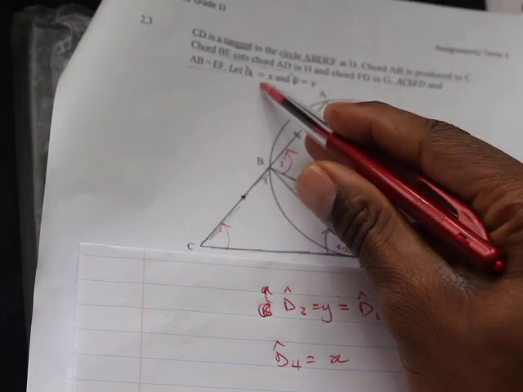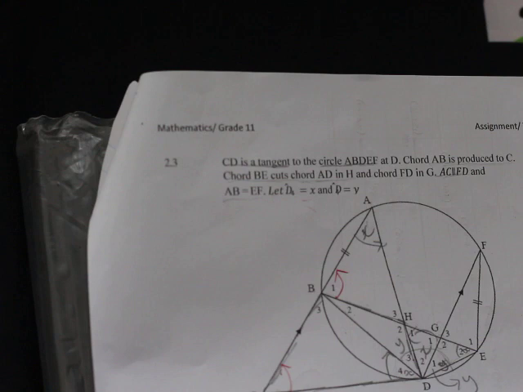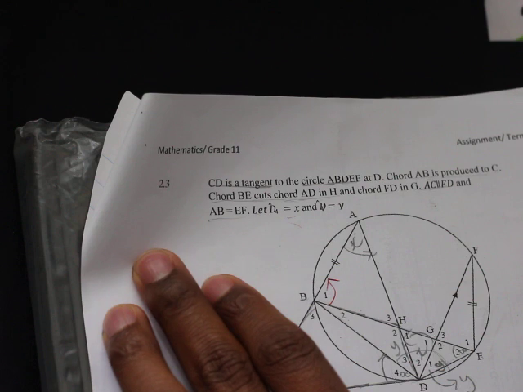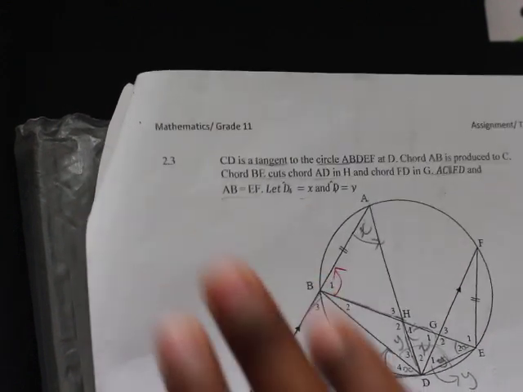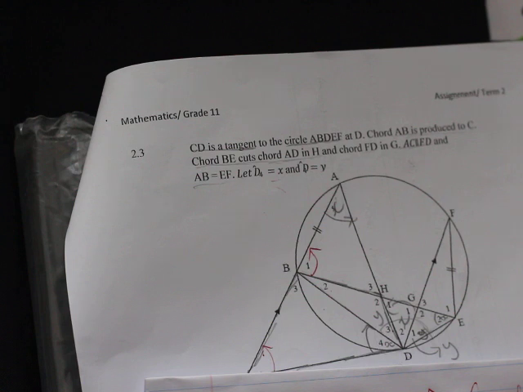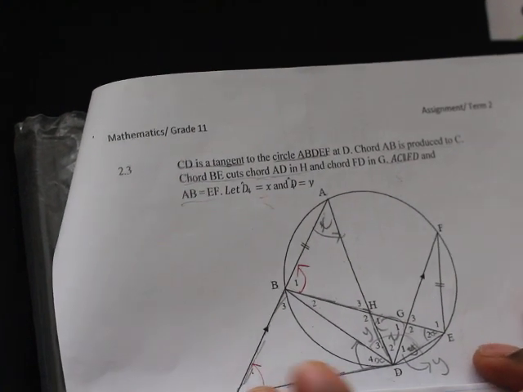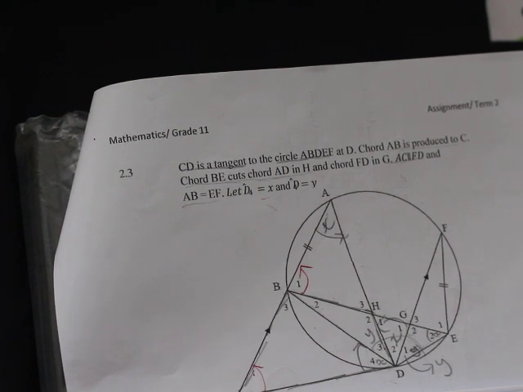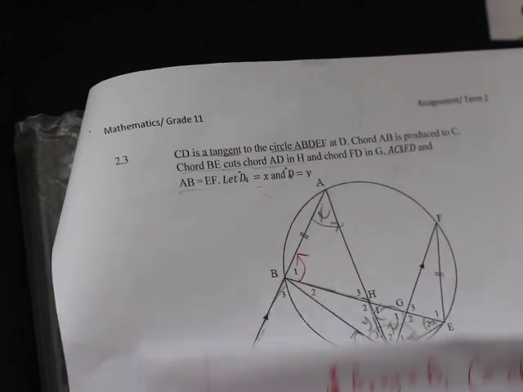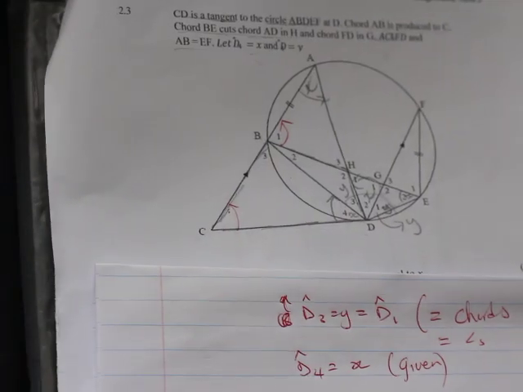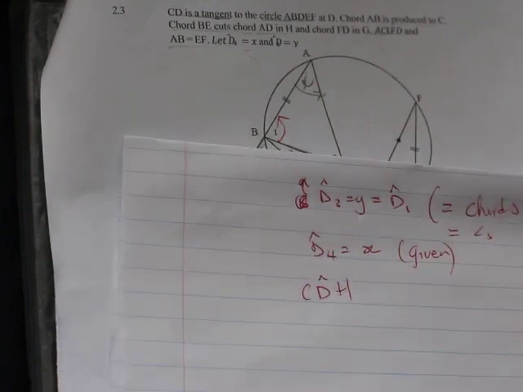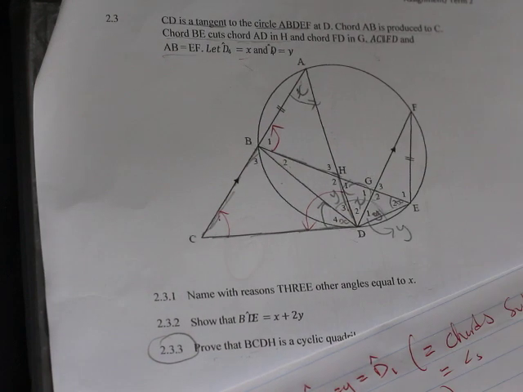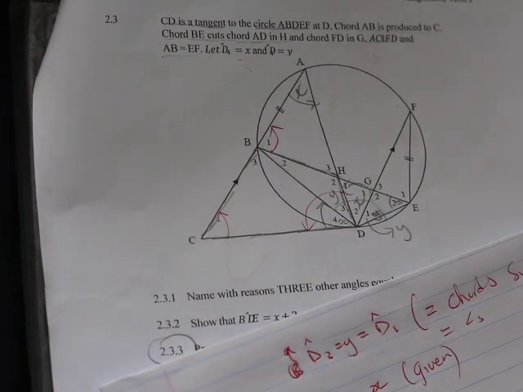D4 is equal to x. Now CDH, which is one of the interior angles of the quadrilateral we're looking at, is just the sum of D3 and D4.